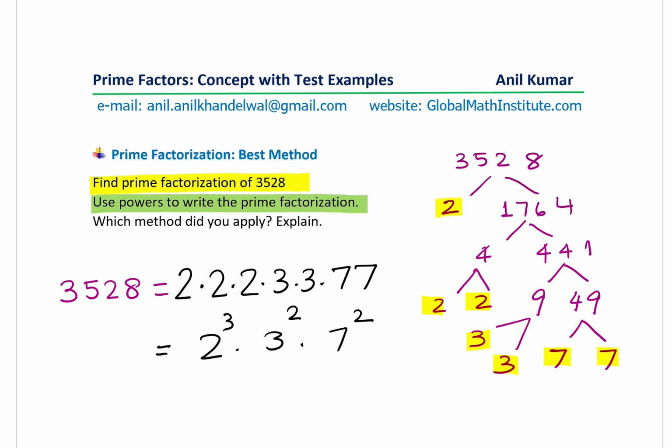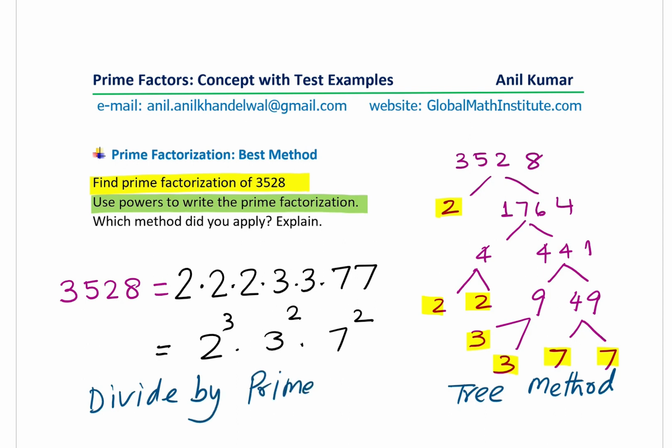So which method is there? This is the method which we say is a combination of division, and we kind of approach this as a tree approach, right? So tree method. It could be said as: divide by prime numbers until you get all prime numbers.